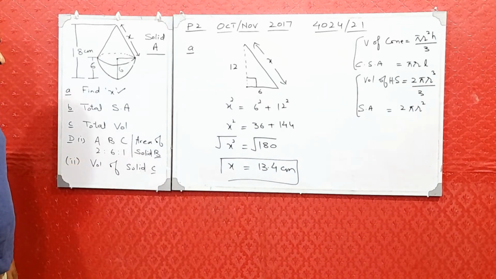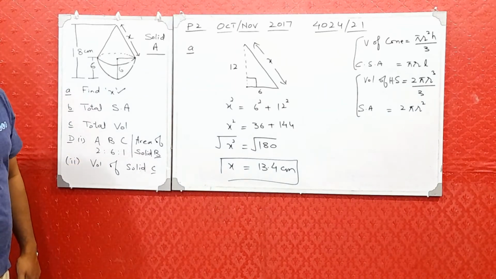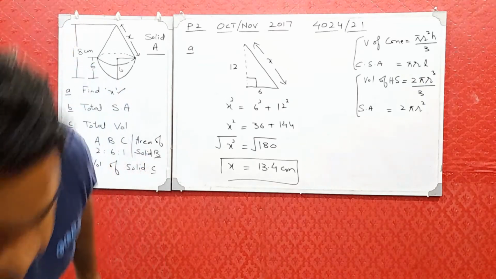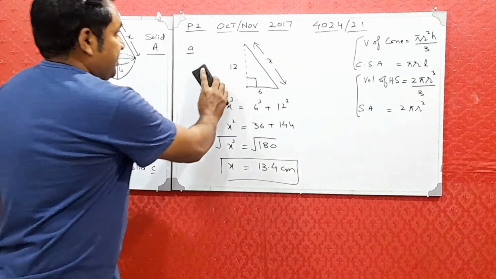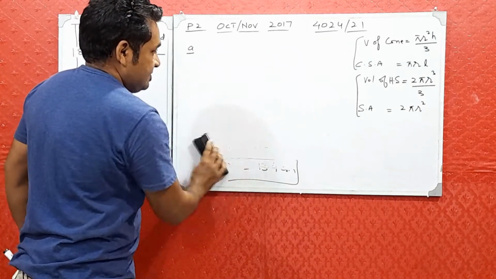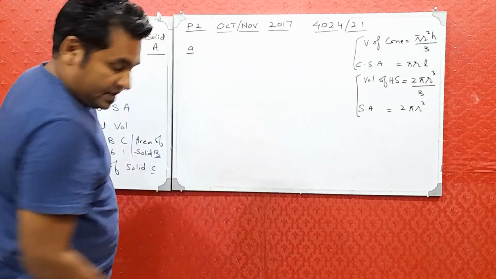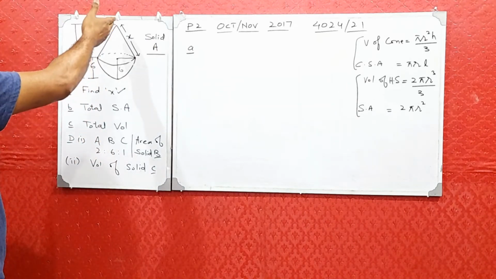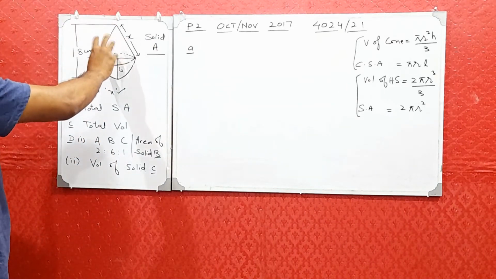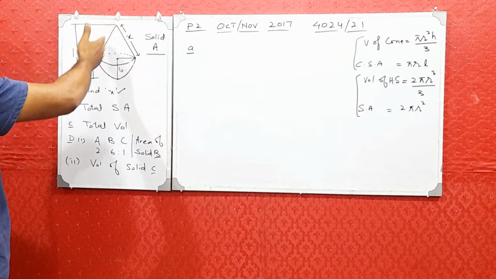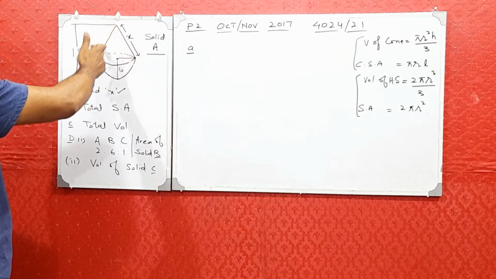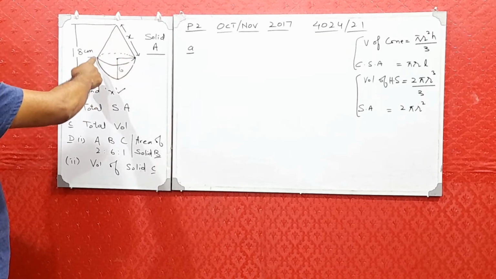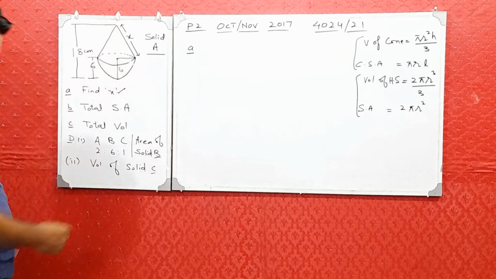Now let's find the total surface area of this solid. When finding the surface which covers this solid, you are going to consider just the curved surface area of the cone and the curved surface area of this hemisphere.